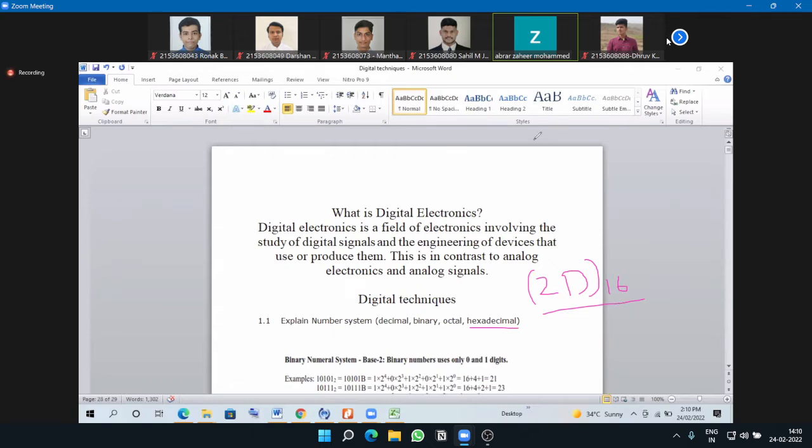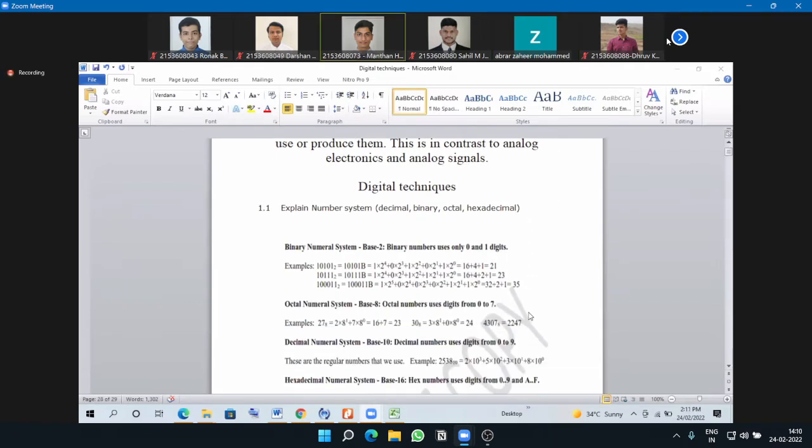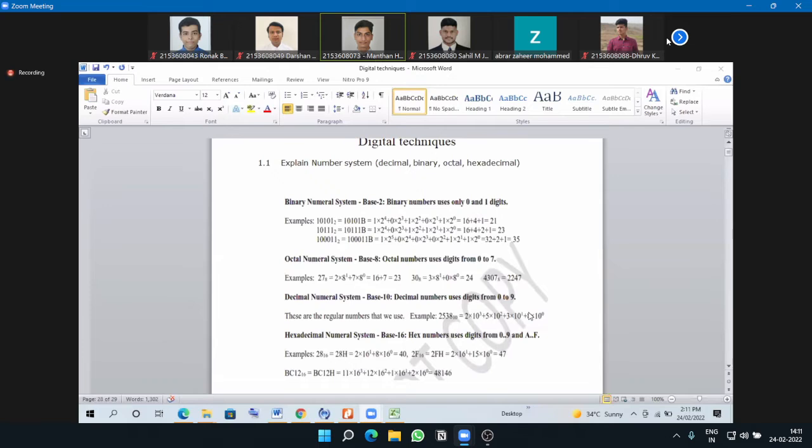Okay, so what is the use of this? Why are we studying these number systems? What is the use of these number systems? Sir, it is used in logic gates and other circuits. Okay, so these number systems are used in computer memories because computer memory supports these number systems.